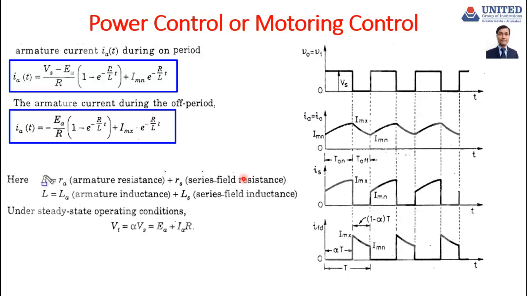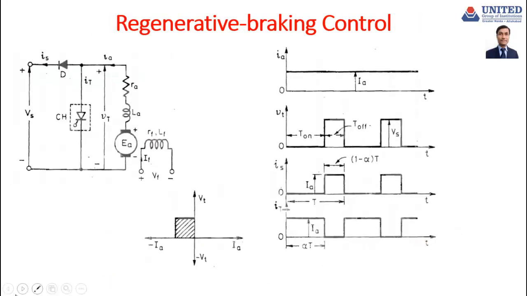Here R is the armature resistance plus series field resistance, and L is the armature inductance plus series field inductance. And under a steady state condition, the terminal voltage is given by alpha into Vs, which equals Ea plus Ia Ra.